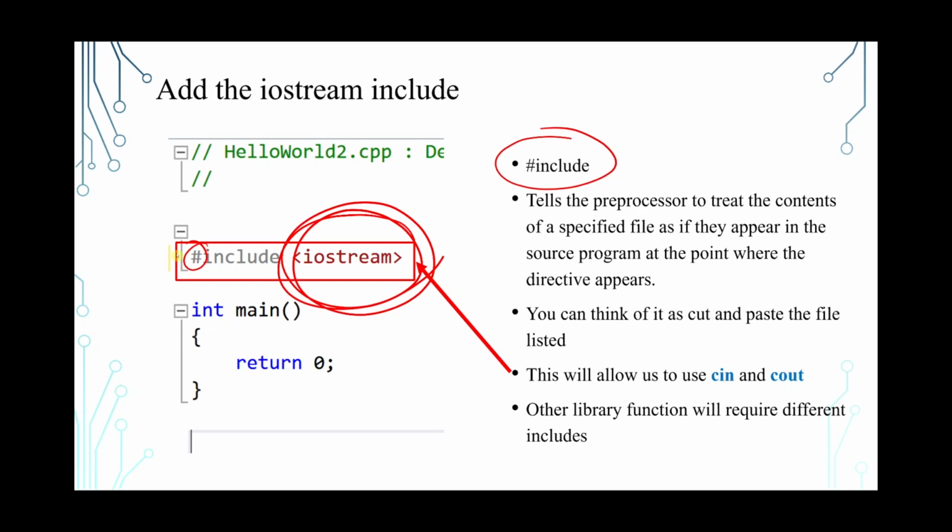Now, what is iostream? iostream is a library from the base libraries, or the standard libraries, that allows us to use cin and cout. Now, there are many other libraries that can give you many other things, like using math libraries to, for example, find the square root of a number, and so on.